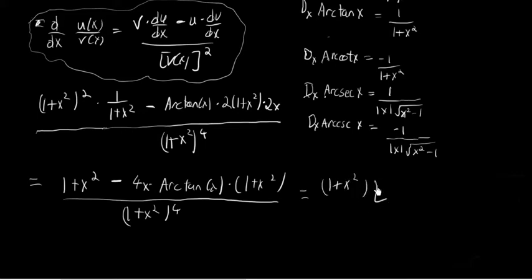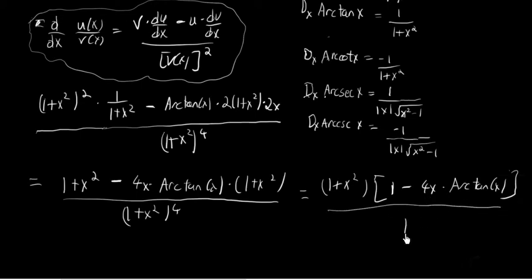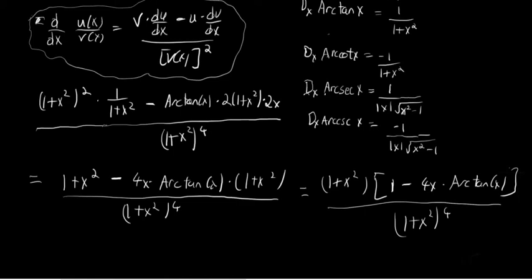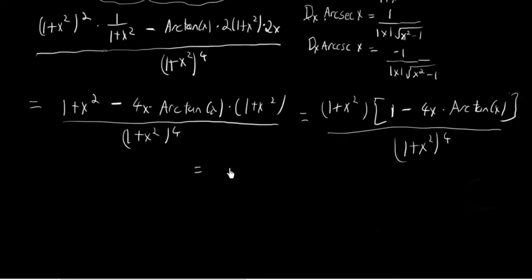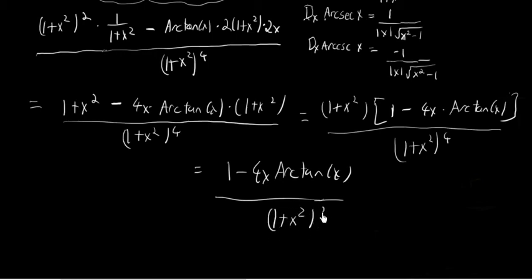And we get 1 minus 4x times arctan of x over 1 plus x squared to the 4th power. Here we get 1 minus 4x arctan of x over 1 plus x squared to the 3rd power.